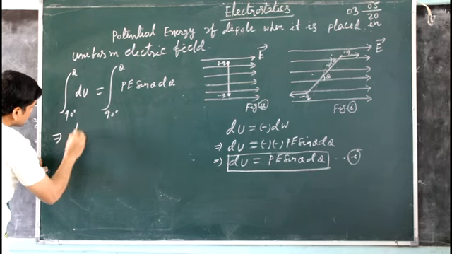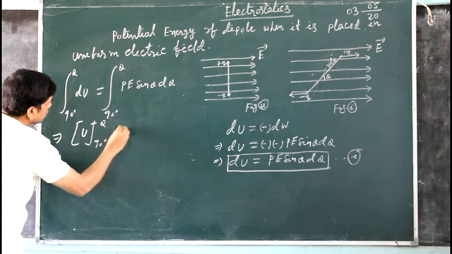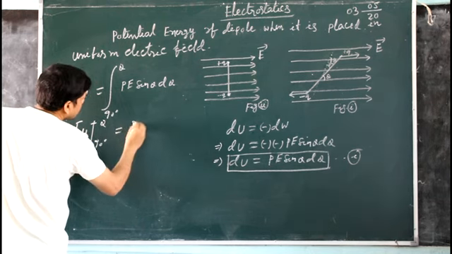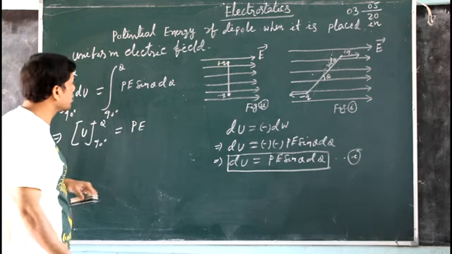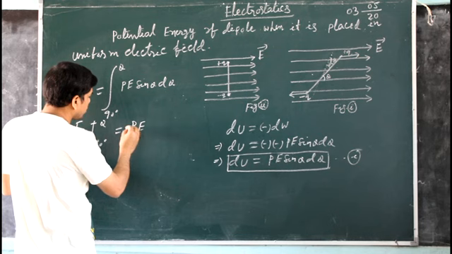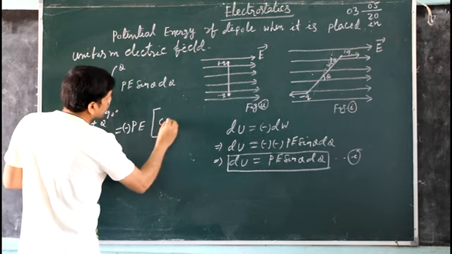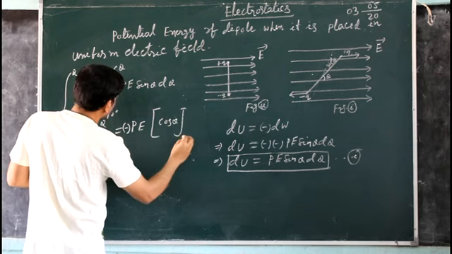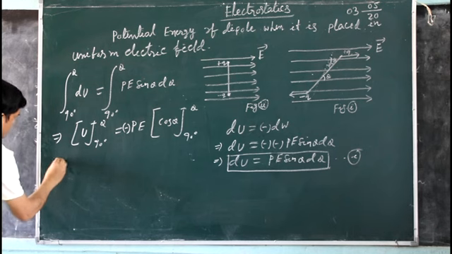Now U from 90 degrees to theta equals PE, taking it out of the integration, of sin theta d theta, which we know is minus cos theta, with lower limit 90 degrees and upper limit theta. Okay.